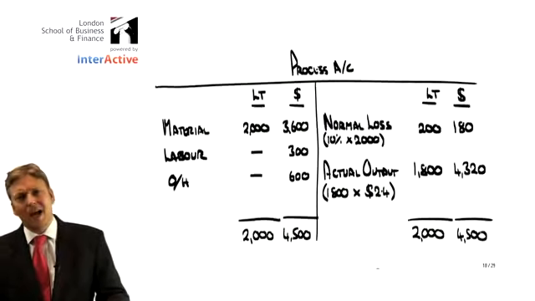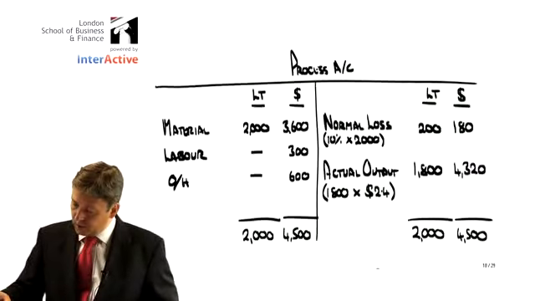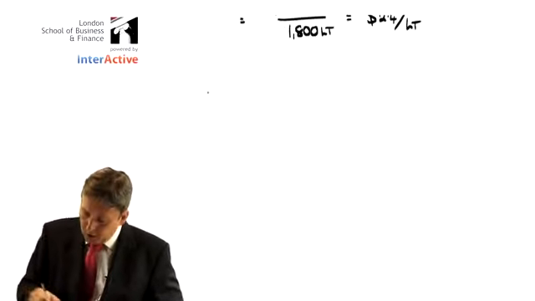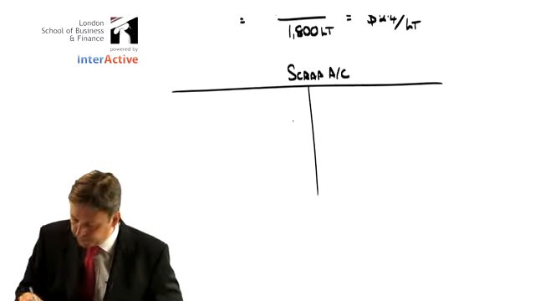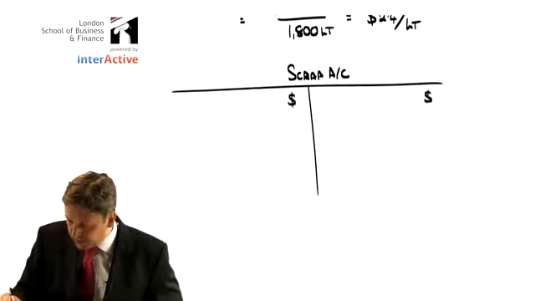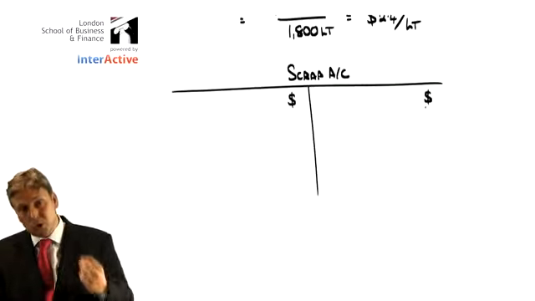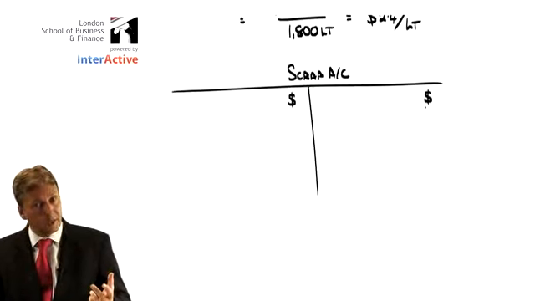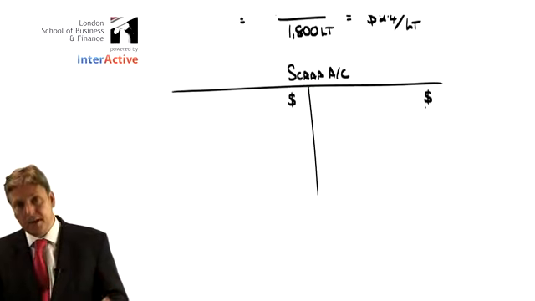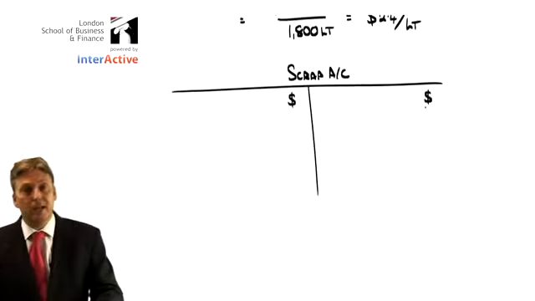Just a thought. What happens to the scrap? Well, in the first instance, we would charge it to what you could call a normal loss account, but I'm always inclined to call a scrap account. You could just look at this in dollar terms, or if you wanted to, you could keep track here of the litres. It's up to you. Some people think it's useful to keep track of the litres, and others think it's a waste of time. I suppose we have to talk about double entry here.